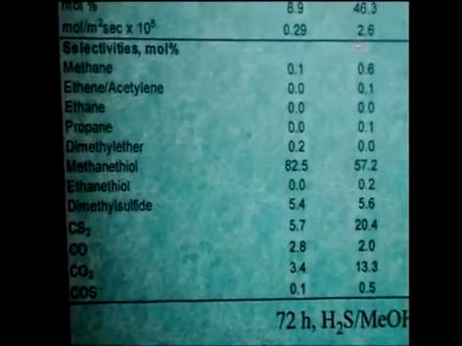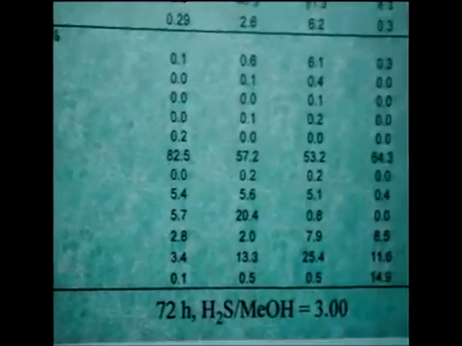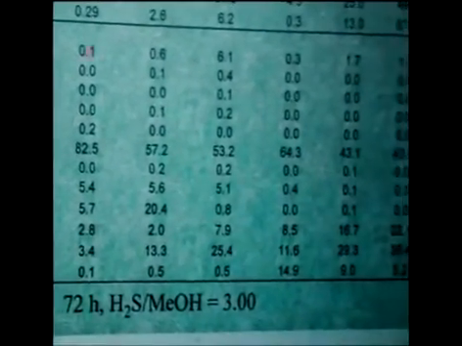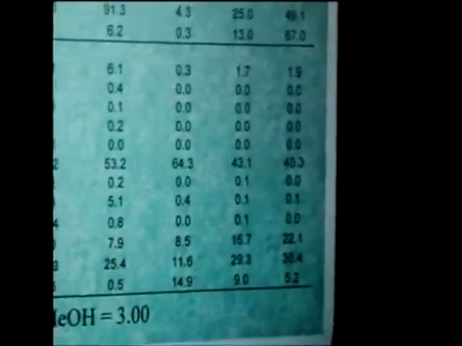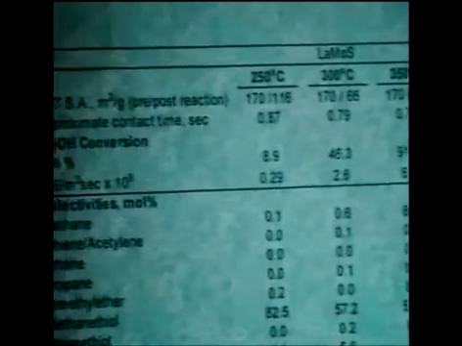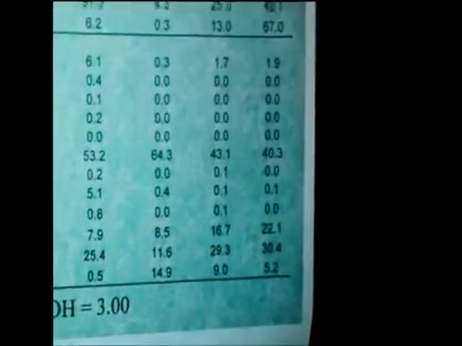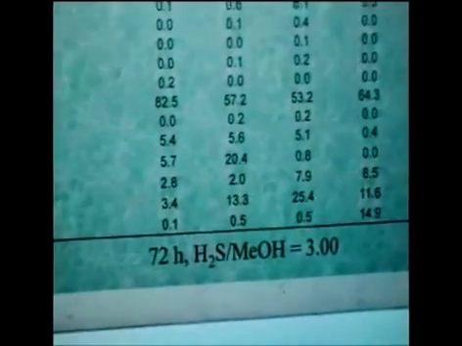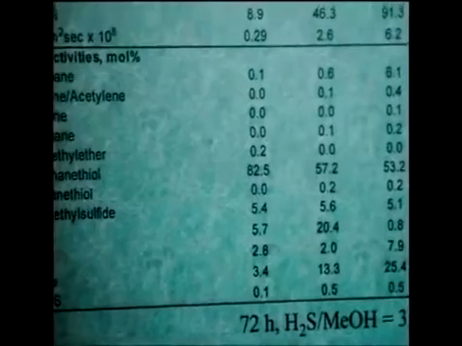Another thing I want to note is that even though our conversion at 250 degrees C is fairly low, 9%, our contact time on these catalysts is very short, on the order of 1 second. And commercially, this reaction is actually carried out in the liquid phase with contact times on the order of hours. So this may not be as bad as it looks as far as activity.